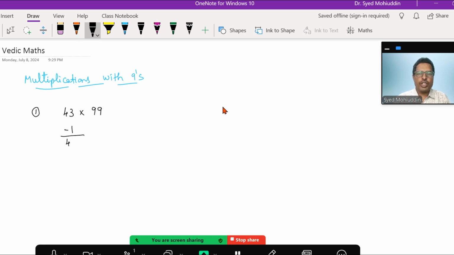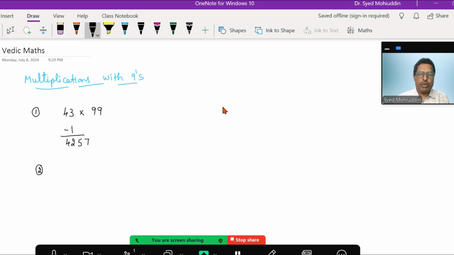You'll be getting 42. And then you just try to subtract 9 minus 4. So 9 minus 4 will be 5. Then 9 minus 2 will be 7. And hence we see that 43 multiplied by 99 will be 4257. Is it simple? Very simple.